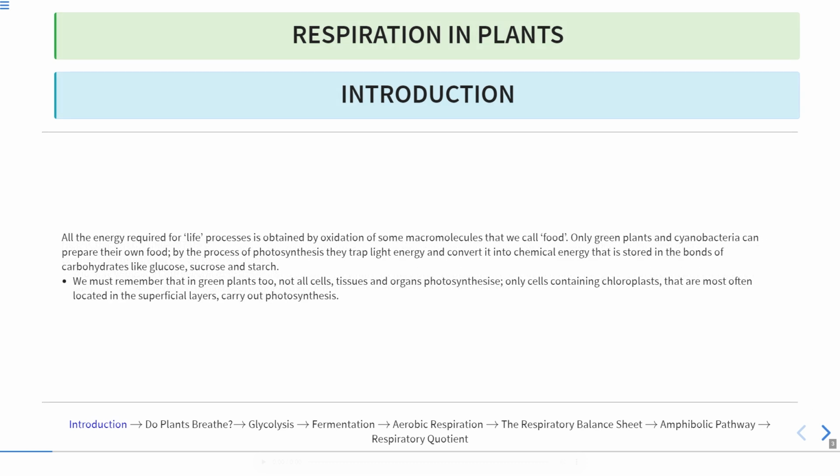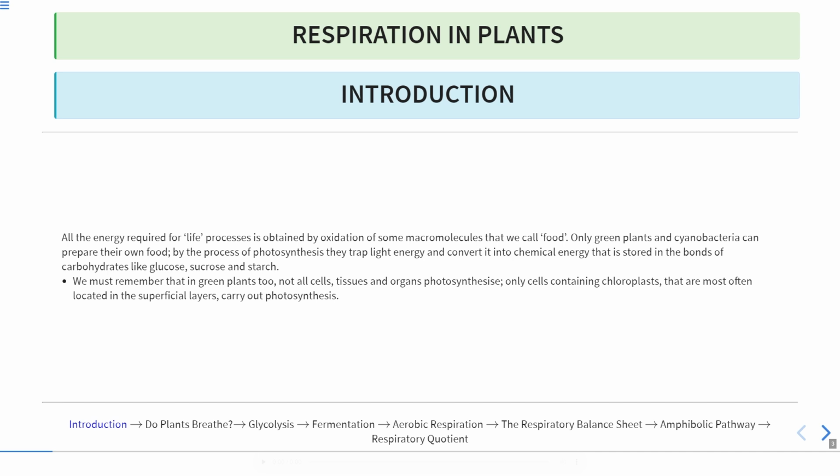All the energy required for life processes is obtained by the oxidation of some macromolecules that we call food. Different life processes occur in our body, whether it is respiration, excretion, circulation, or reproduction. Every life process requires energy.